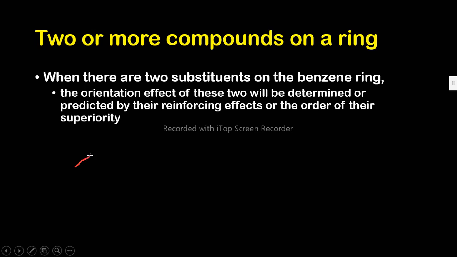Let's say you have such a compound, and you have the OH here, and you have the NO2 here. So these are more than one group. Now the question says, where is the incoming electrophile going to attach?